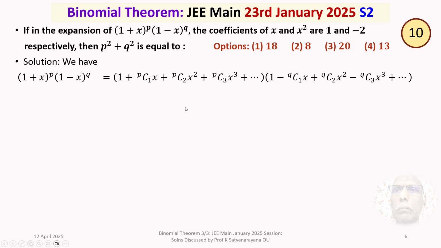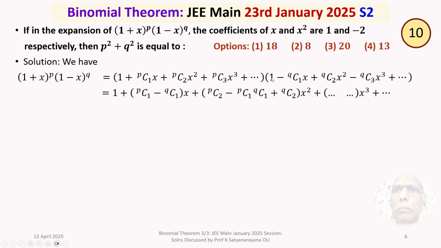When you multiply, you will get 1 plus the coefficient of x. The coefficient of x is 1 times pC1 x, and 1 times qC1 x with a minus sign, that is (pC1 - qC1) x, plus the coefficient of x².